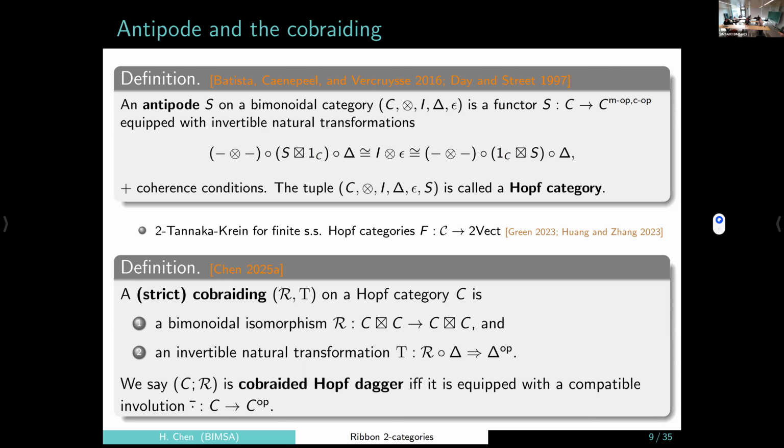The delta now becomes a functor, and there are some unitarity conditions associated. Yes, that's right. So these are the layers of structure that I want to consider.